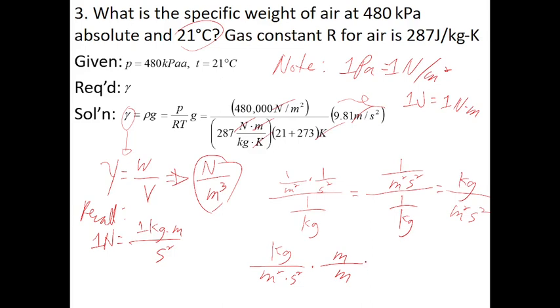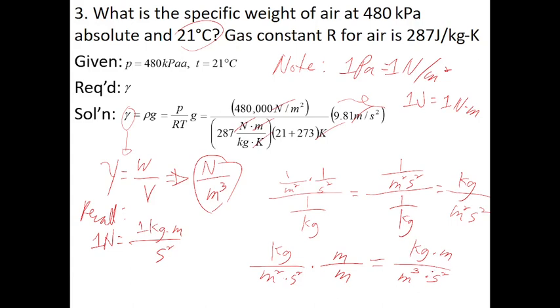Ibig sabihin yan, no violation. Kasi 1 naman yan eh. Pag ginawa ko yon, makakuha ko ng kilogram meter, tapos meter squared meter, meter cube, tapos meron ditong second squared.